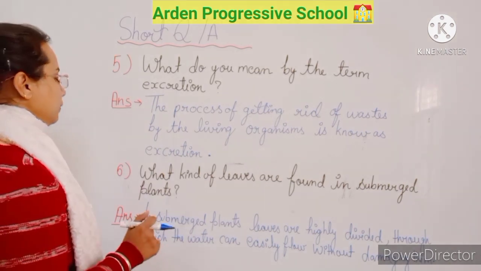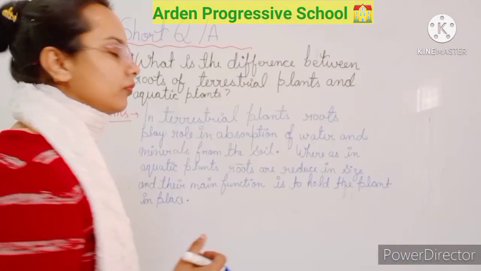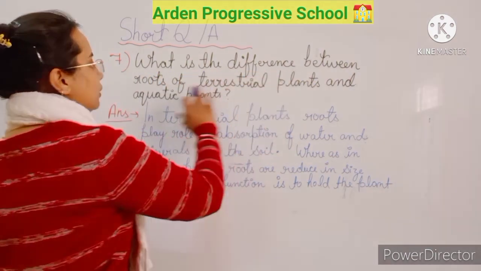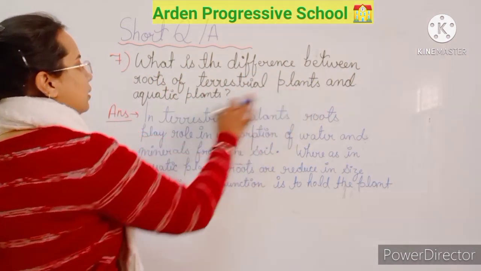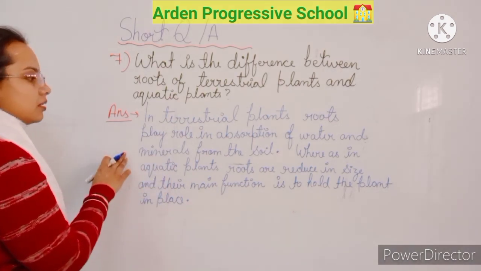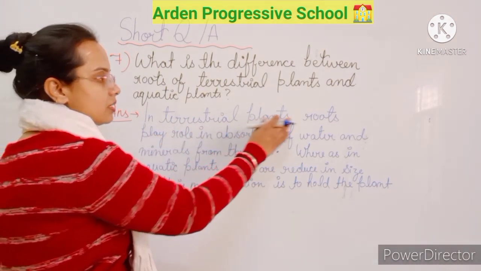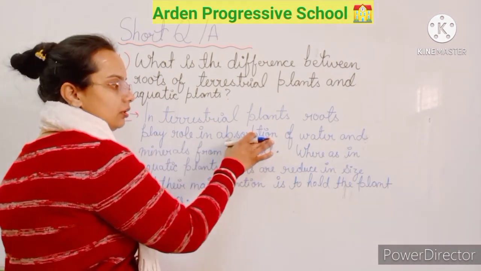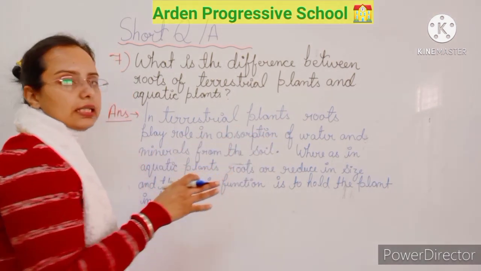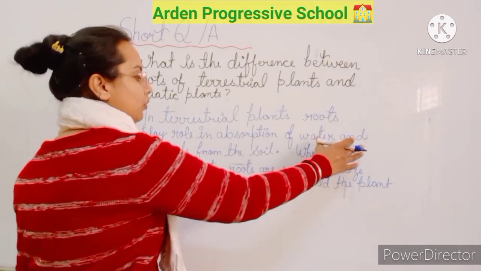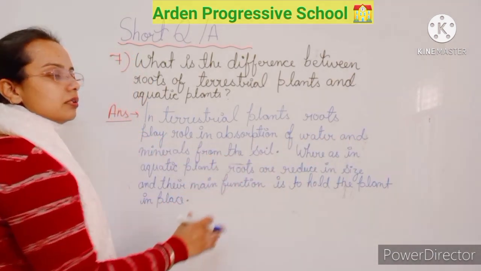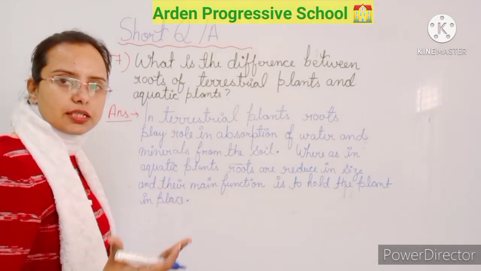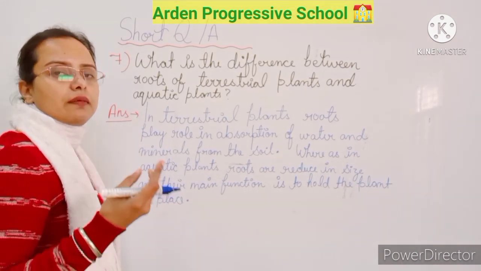Okay, now the next question is question number 7. What is the difference between roots of terrestrial plants and aquatic plants? So the answer is, in terrestrial plants, roots play a role in the absorption of water and minerals from the soil.